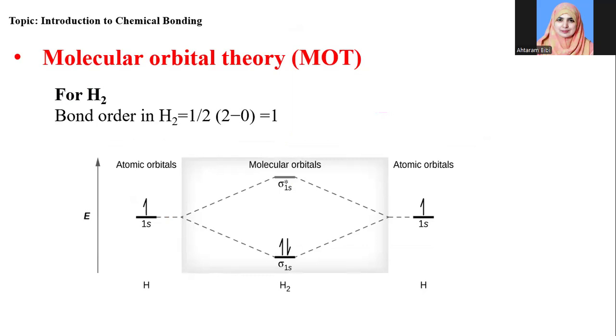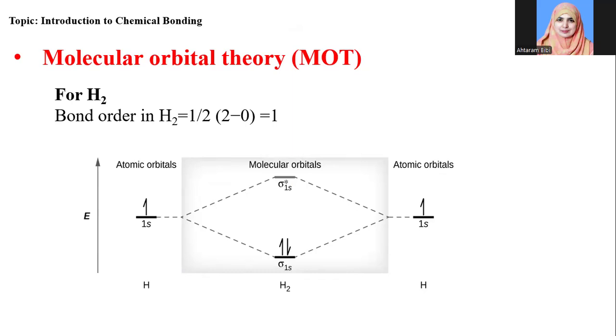For example, we can see here the hydrogen molecule. Let's see how we can calculate the bond order of this hydrogen molecule. Bond order is equal to half, and in the parenthesis we mention 2, the number of electrons in the bonding molecular orbital, minus the anti-bonding molecular orbital, which does not contain any electrons, so it's 0.